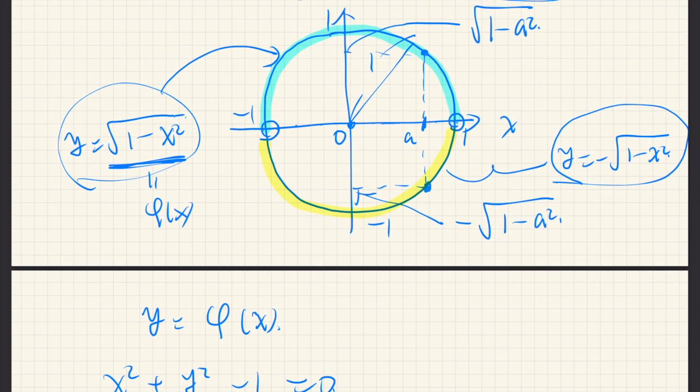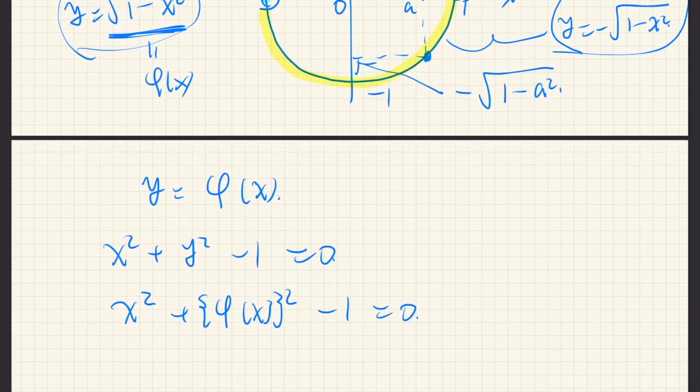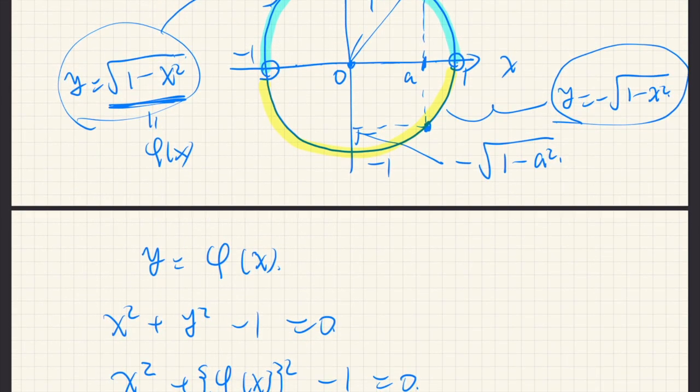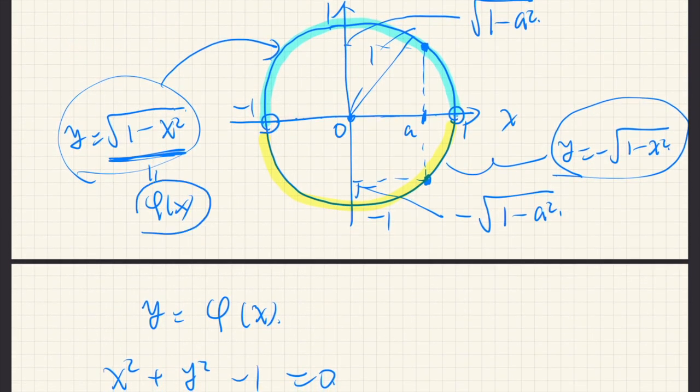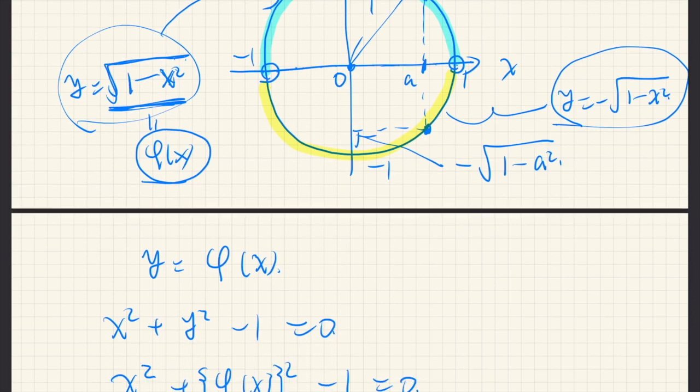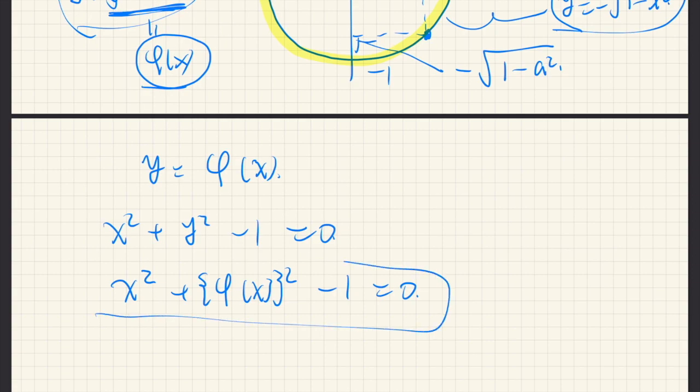So if we take any point on this unit circle, let's say where the point is above the x-axis, that is, the y coordinate is positive, then we can find a function phi of x, such as square root of 1 minus x squared, that satisfies this equation.